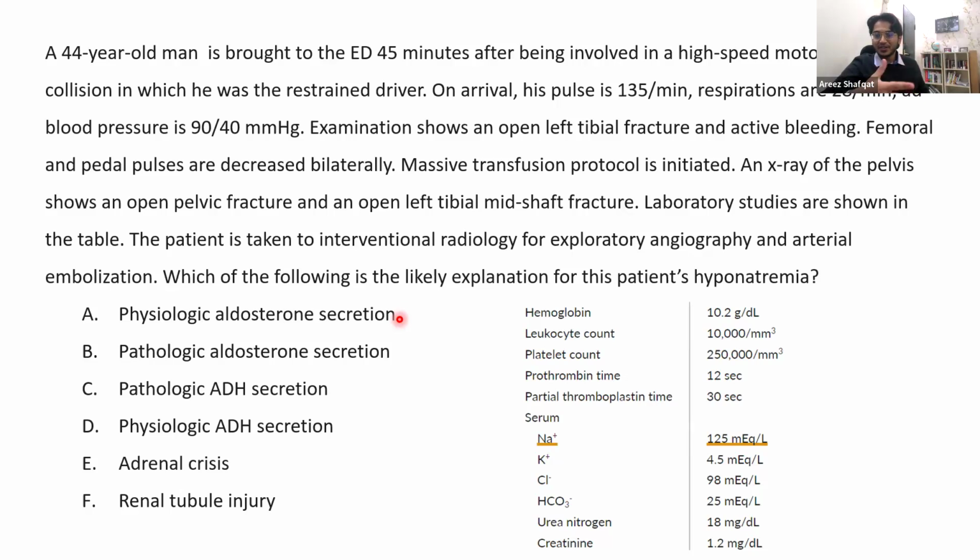In terms of physiology, what hypotension does, it activates ADH secretion, and that ADH secretion has two effects. It goes to the distal nephron and causes water reabsorption to maintain serum osmolality, and it binds to its receptors on blood vessels to cause vasoconstriction to maintain blood pressure. So the answer would be D, physiologic ADH secretion.